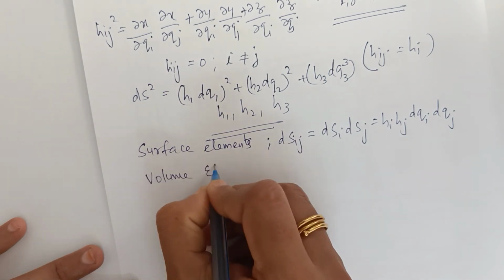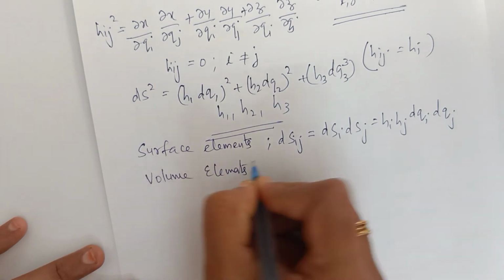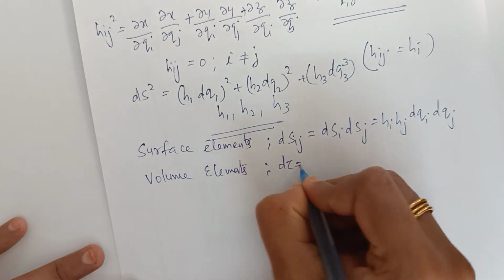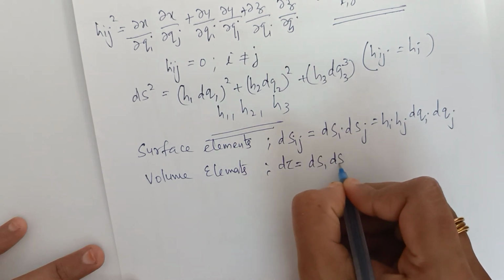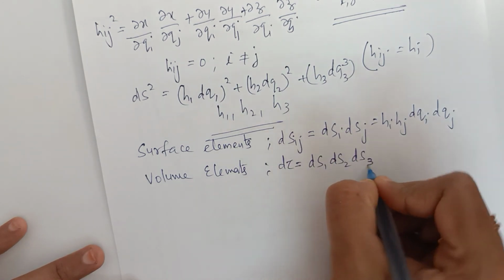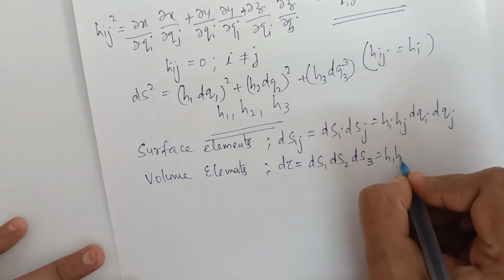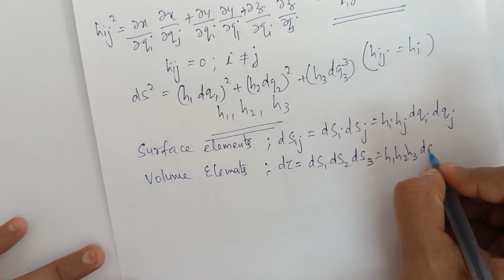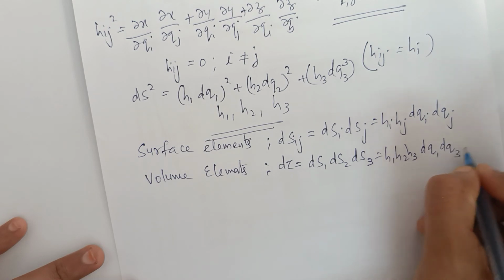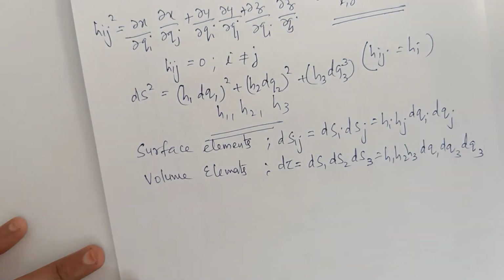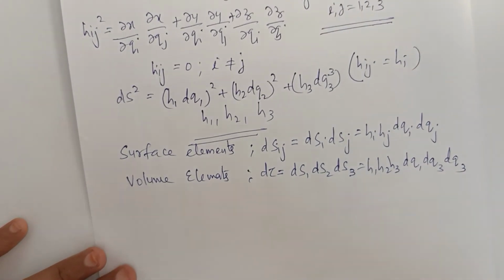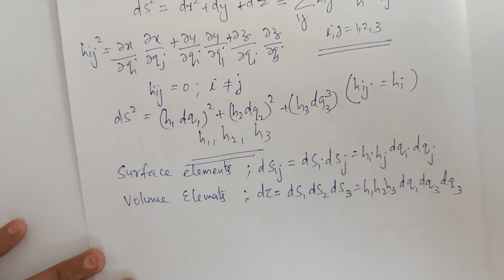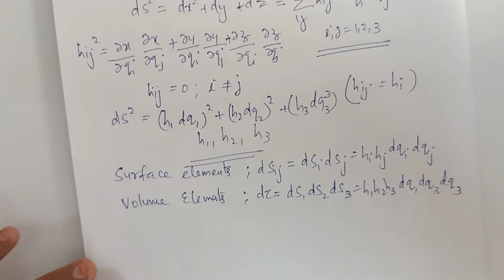Similarly, we can have volume elements, d tau. There we have three things, ds1, ds2 and ds3, with three scaling factors h1, h2, h3 and three coordinates, as we know volume is three dimensional. So this is the brief introduction of orthogonal curvilinear systems. Thank you.